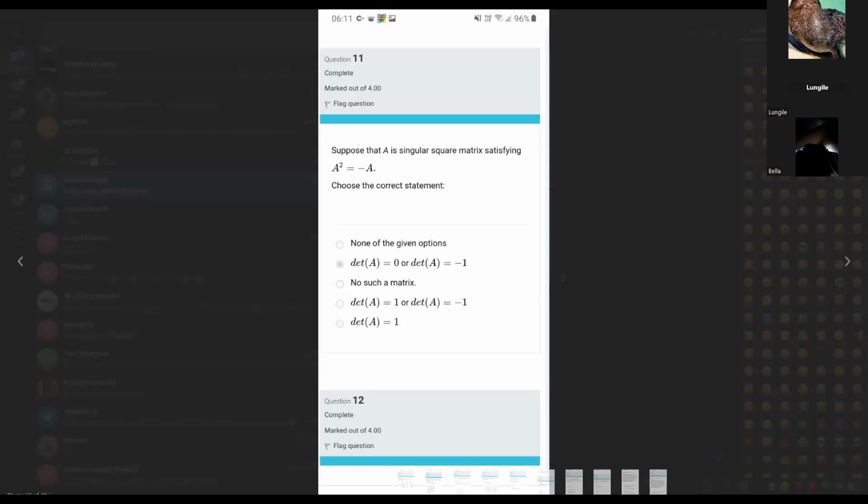Okay, let's just quickly do it. We are given A squared, and then it's equal to -A. That's what they say. And then let's say they said find the determinant of A.